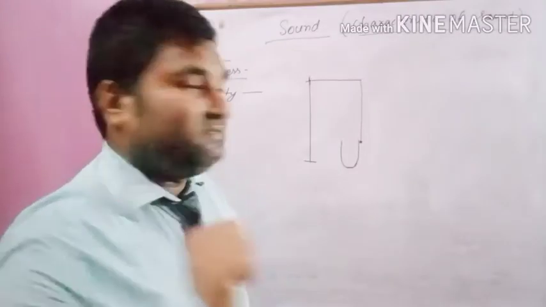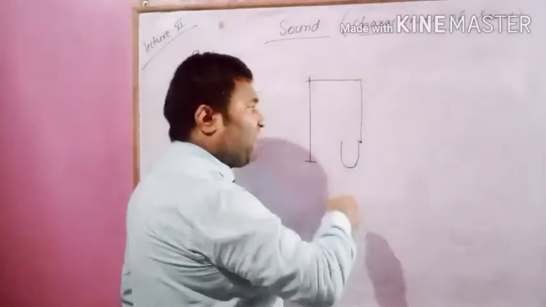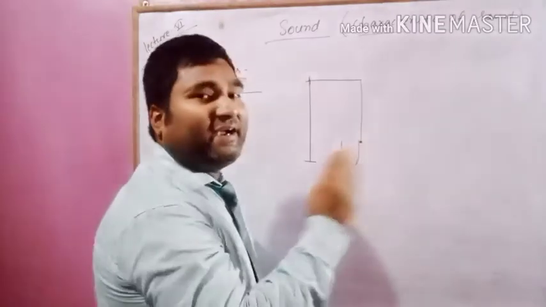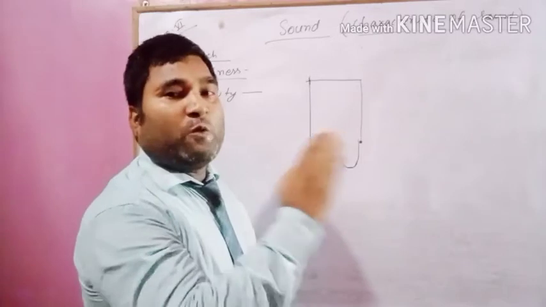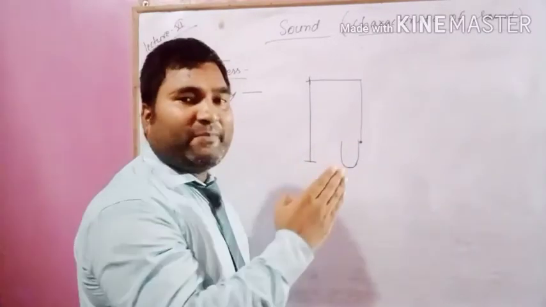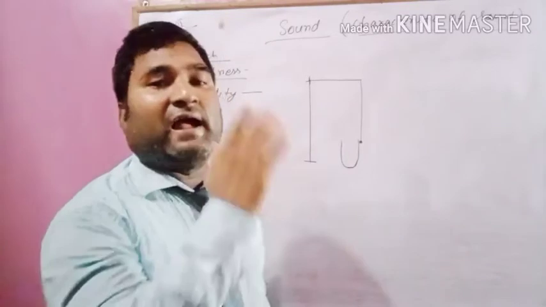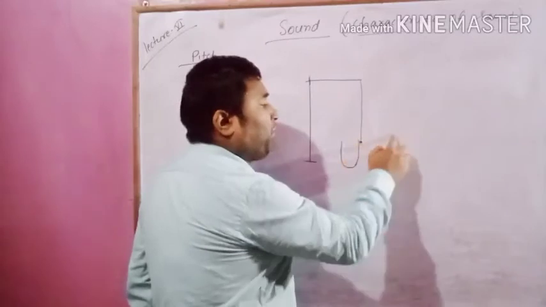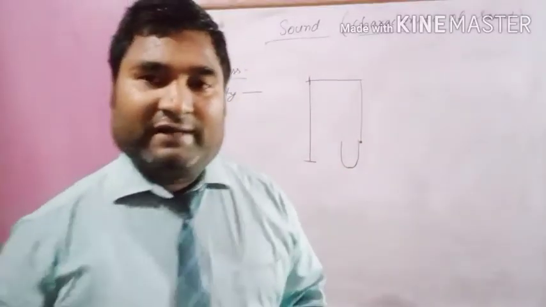It means when you strike it hard, the walls of the glass vibrate more, and more vibration means louder sound. More vibration, more amplitude, and so louder will be the sound, and this ball will move to a longer distance.